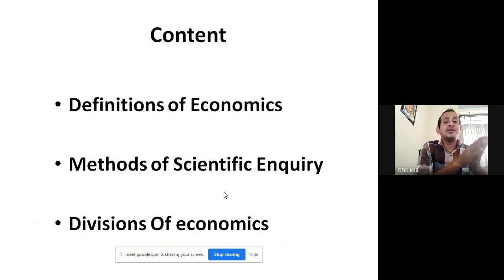Regarding the definitions, we have discussed the general definition of economics, then Adam Smith's definition, known as the wealth definition. Then Alfred Marshall's definition, also known as the welfare definition. Then Robbins' definition, also known as the scarcity definition of economics.